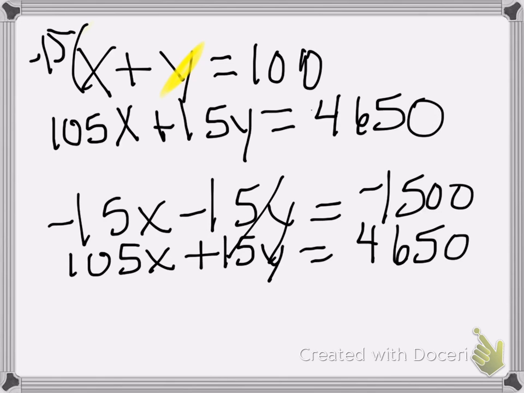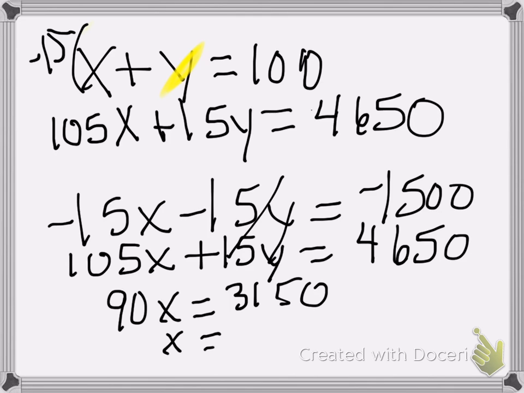Then I've got 105 minus 15, which is 90x, equal to 4650 minus 1500, which is 3150. So I divide both sides by 90, and I should get my answer for x, which is 35. So I have 35 of the expensive graphing calculators.